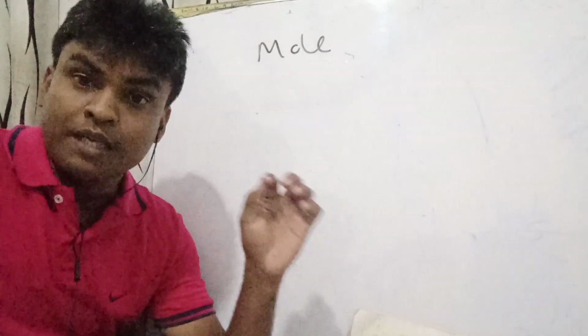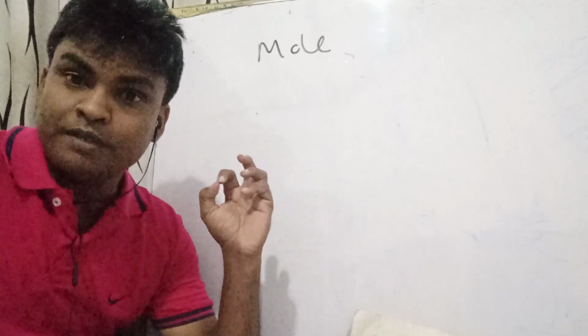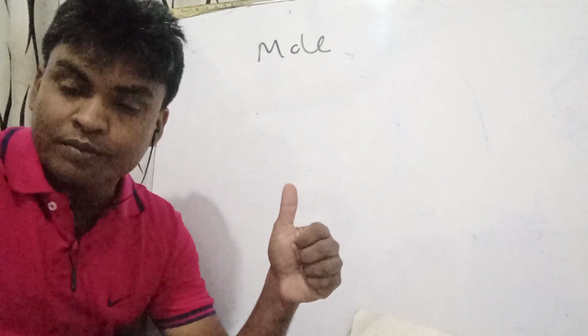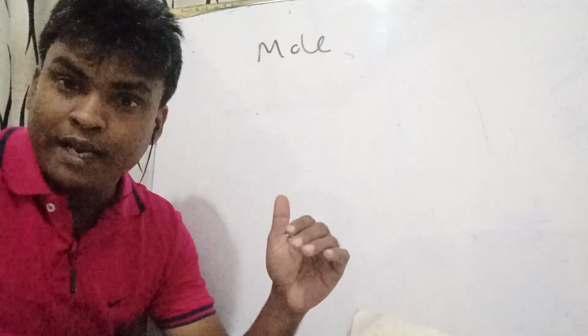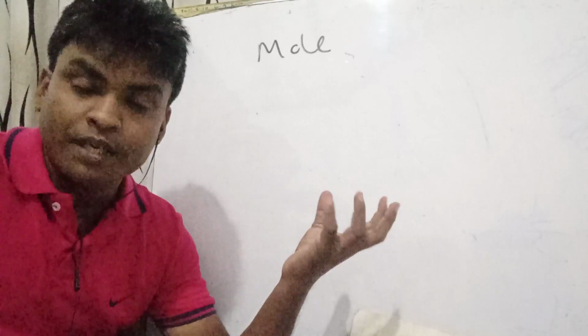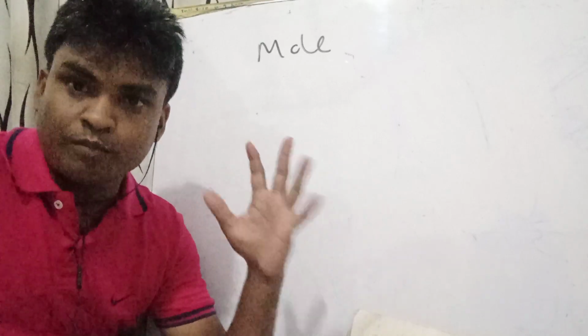In chemistry, the amount of substance we measure in moles. Sometimes we say 1 mole of sulfur, 1 mole of protons, 1 mole of cations, 1 mole of anions, 1 mole of water. Likewise, the amount of substance is measured in moles.